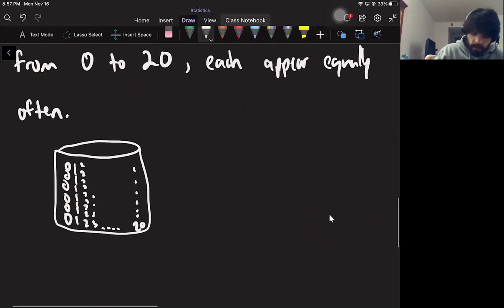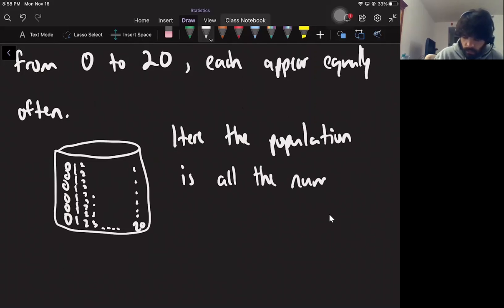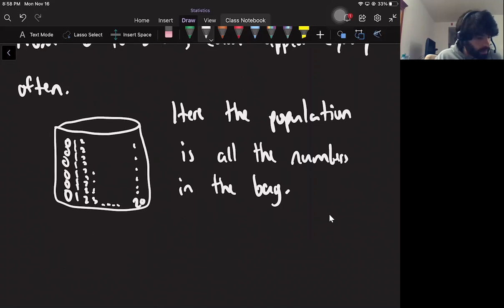So here in this little mini example, the population is all the numbers in the bag. And they have some mean. If I add them all up and divide by the total amount, they have some mean that I could calculate. So I'll do that right now.